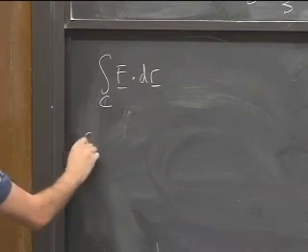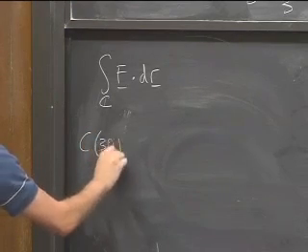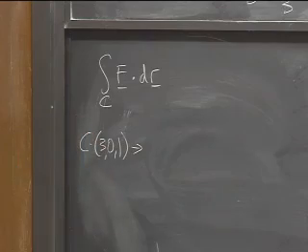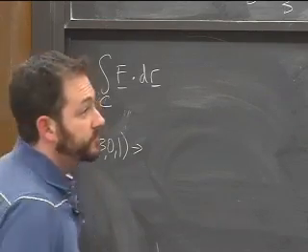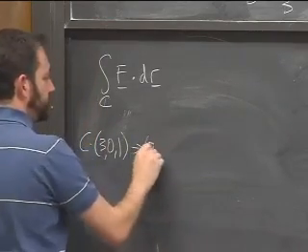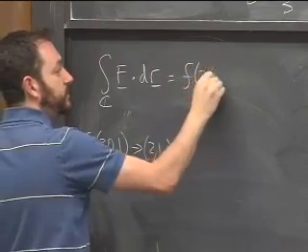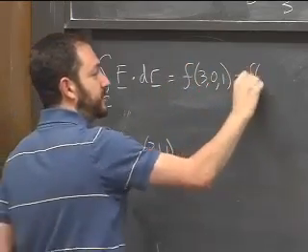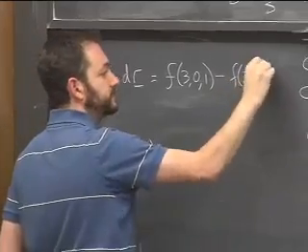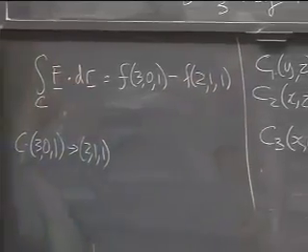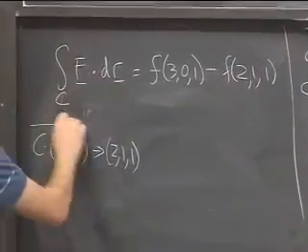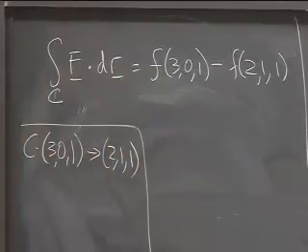C joins 301 and goes all the way up to 211. So this is just equal to little f of 301 minus little f of 211. So we're thinking, this looks like an antiderivative.